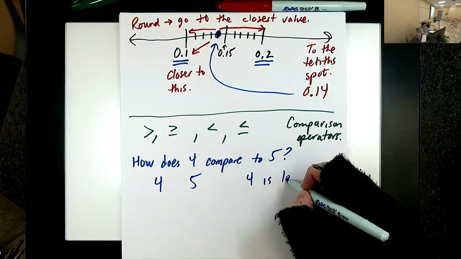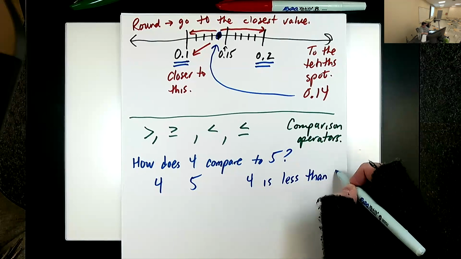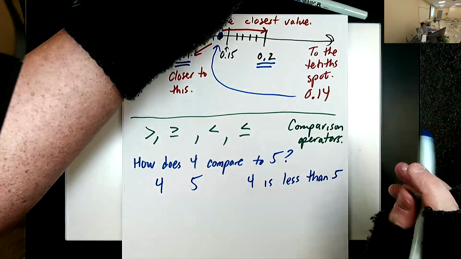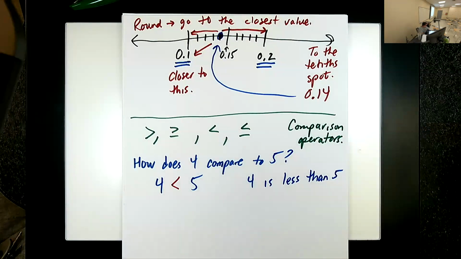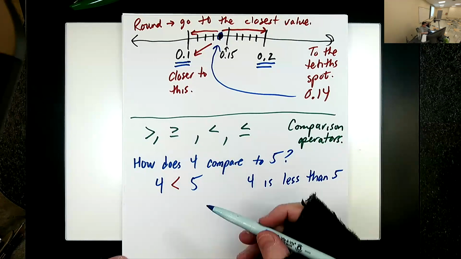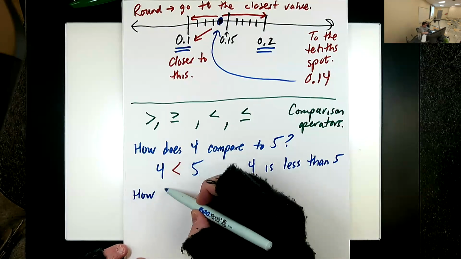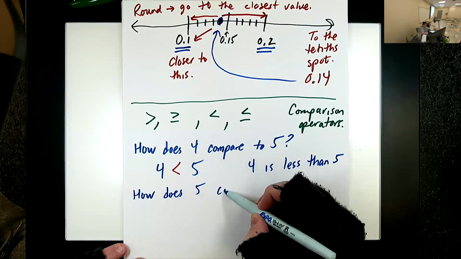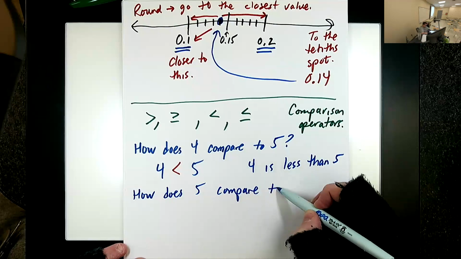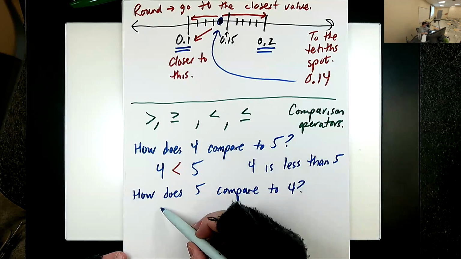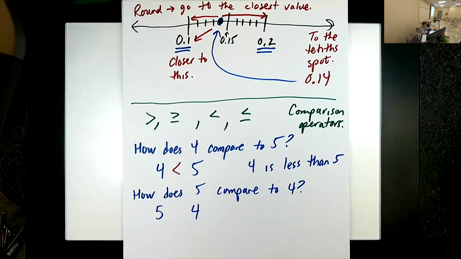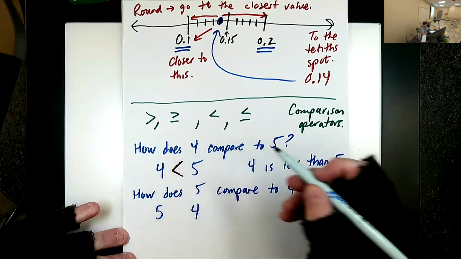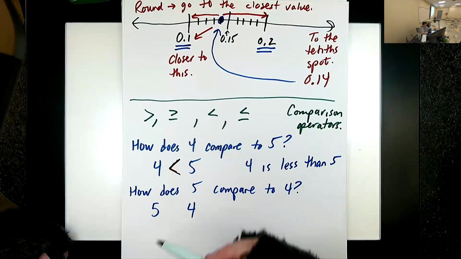Four is less than 5. So I would use the less than symbol. If I switch that around, how does 5 compare to 4? Five is greater than 4.